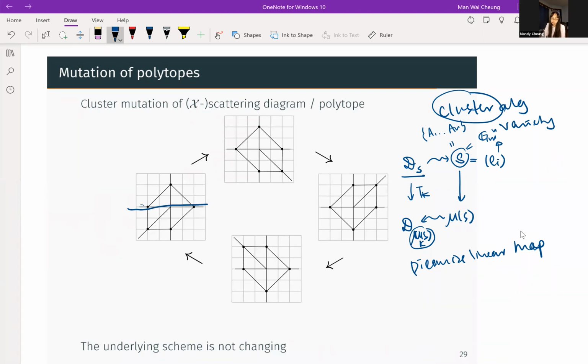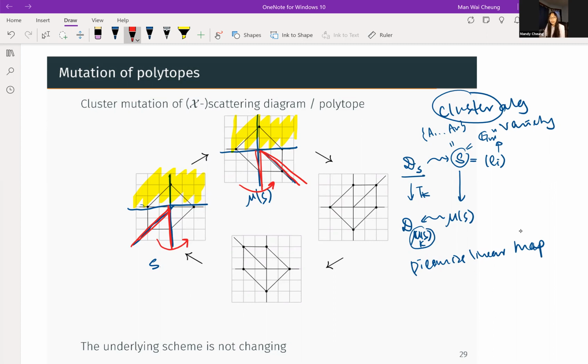For this picture, you can forget my polytope first. Let me start with this scattering diagram corresponding to one seed, and this one corresponds to when I mutate my seed. You can see here how my piecewise linear map goes. I fix a half plane, and then I do a shearing to the other side, and then I obtain these pieces of wall from this one, that one to here, there.